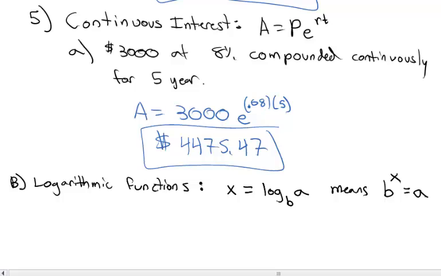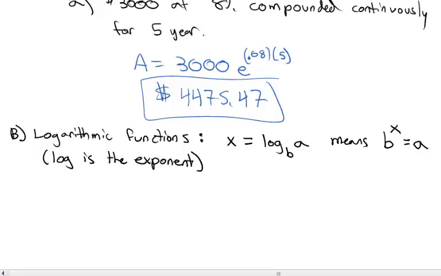The ability to convert between these two formats is what makes all the other log stuff work. So you do need to know how to convert. The big thing I remember is that the log equals the exponent. Whatever the log equals is the exponent.